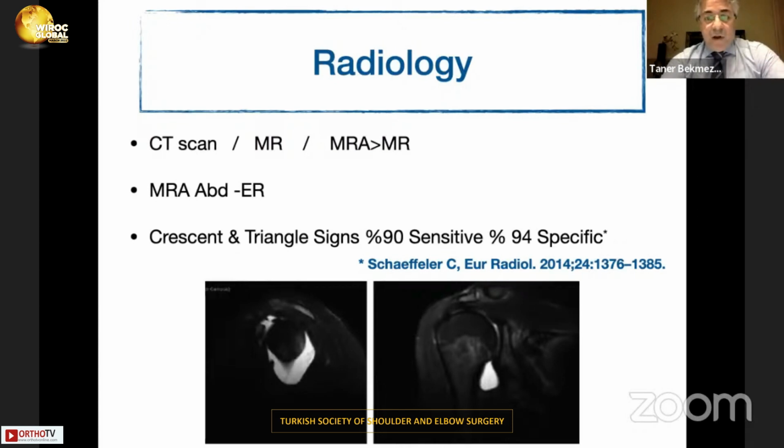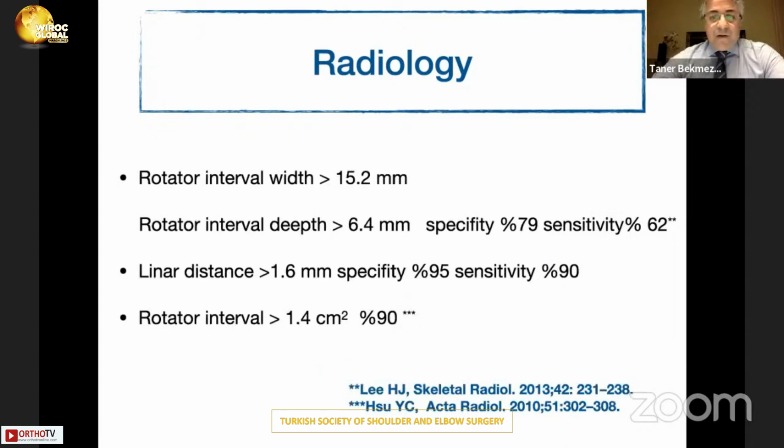Furthermore, MR arthrography and MR arthrography with abduction external rotation give more information about shoulder instability in multidirectional patients. There are specific findings: the crescent sign and triangle sign have 19% sensitivity and 94% specificity in abduction external rotation MR arthrographic findings.